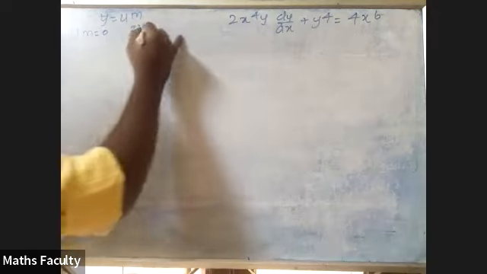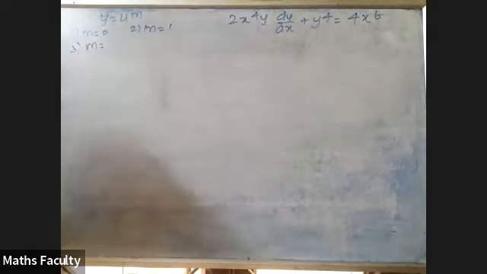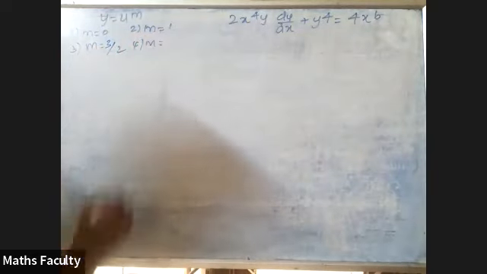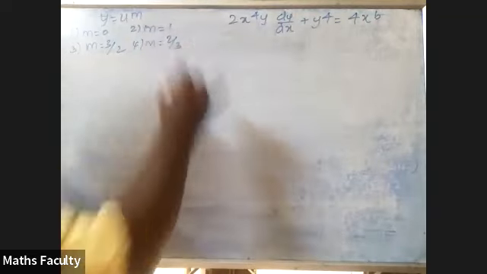Take down the options: m = 0, m = 1, m = 3/2, and m = 2/3. So these are the values given.